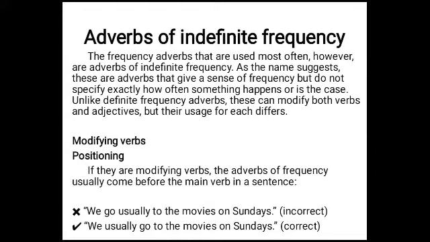So in a sentence, we should always use the frequency first before the main verb, and that is the correct order. That's why we usually go to the movies on Sundays is the correct sentence, because usually is the adverb of frequency and go is the main verb, and usually comes before the main verb go.